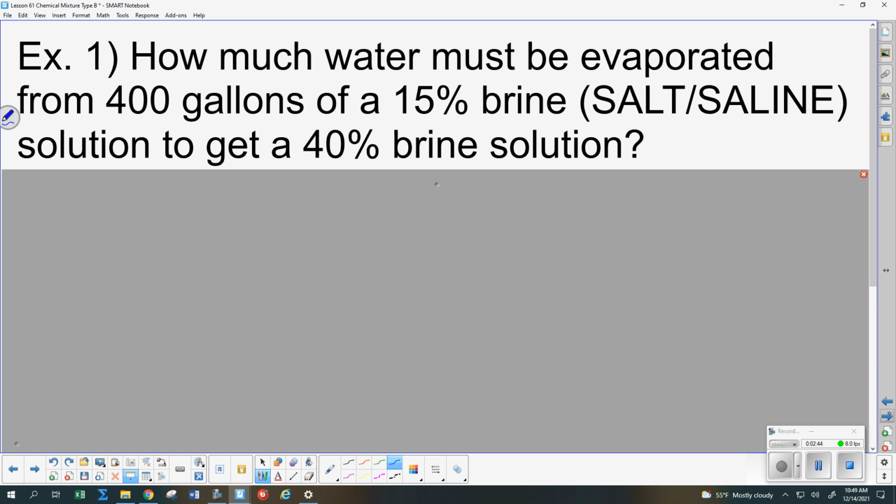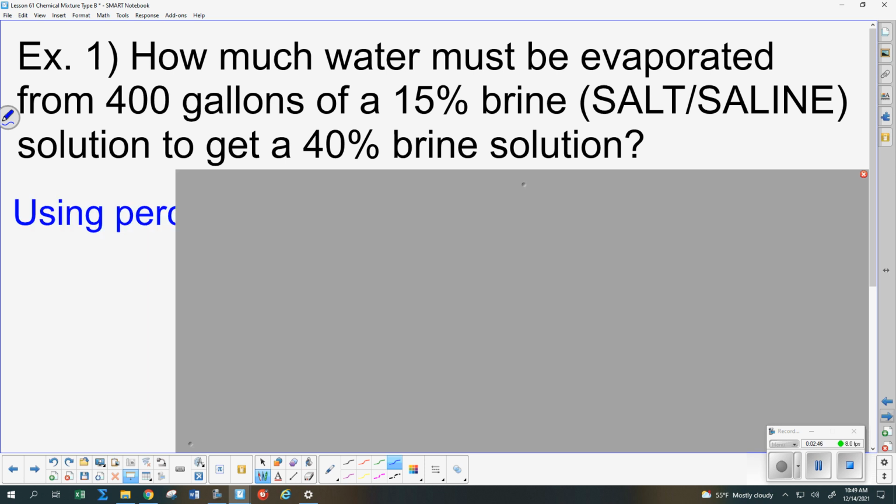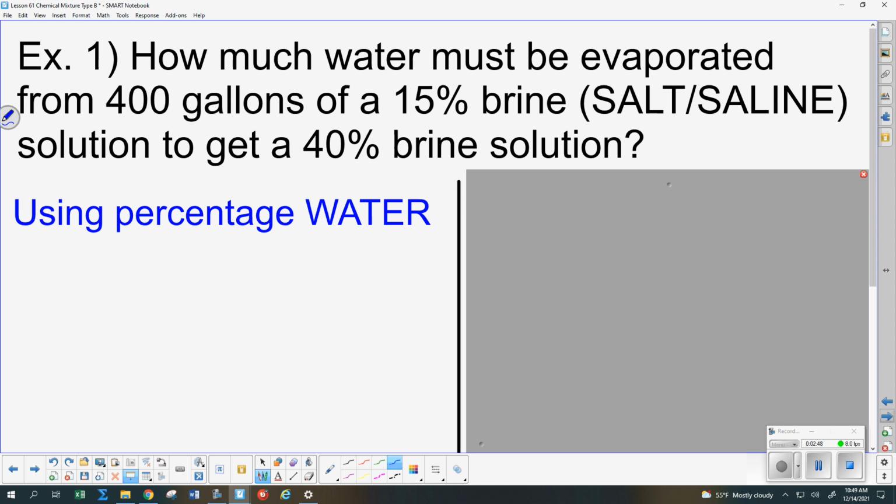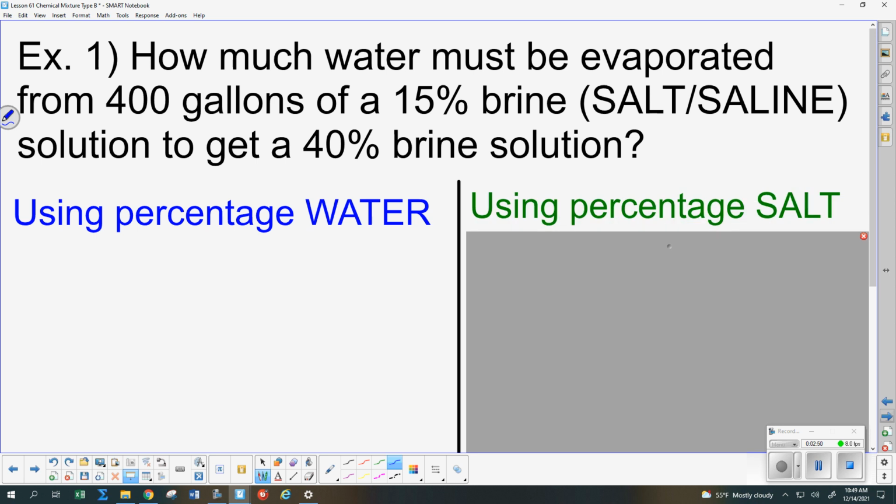I'm going to go through and work this one two ways, and you can think about which way seems easier. First, we're going to do the percentage of water. Now, the V1 minus V2 equals VF will be the same either way, because we are going to take our first solution minus our second to get our final amount.